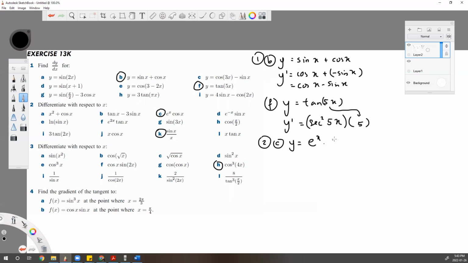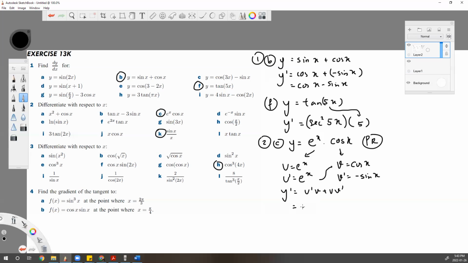Number 2: e to the power x times cos x. Man, this is the product rule. Surely it is. u equals e to the power x, v equals cos x. u' is the same because e to the x, that's the rule. Thank God it's the rule. Then v' will be negative sine x. The product rule formula: u'v plus uv'.